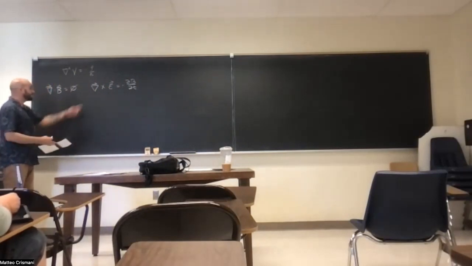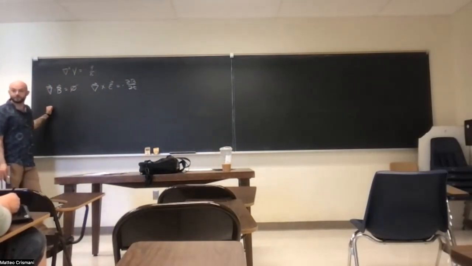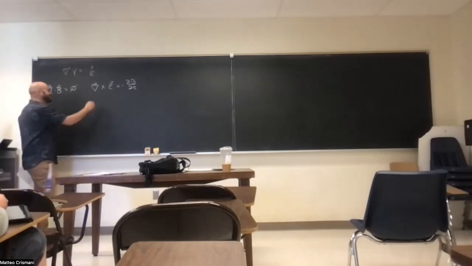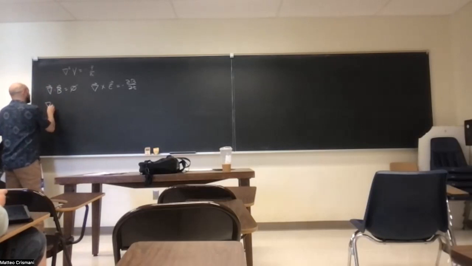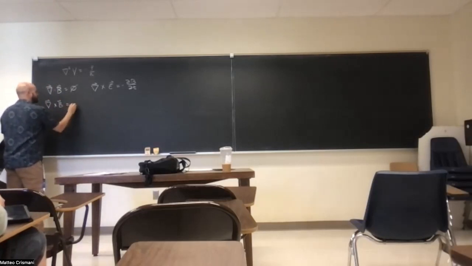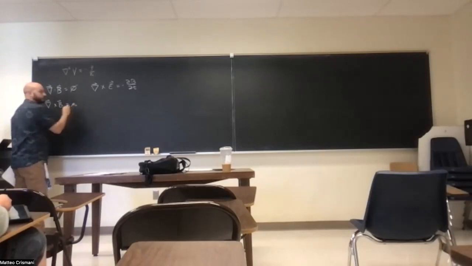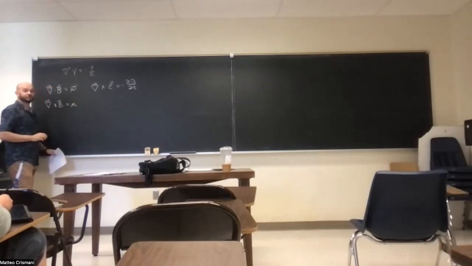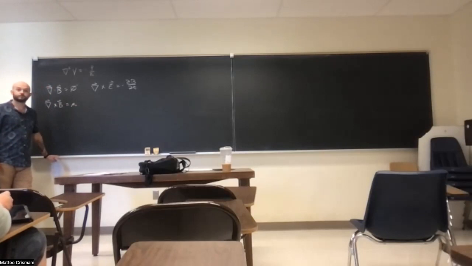Okay, so that's good. You got half of them. Del cross B equals... Oh, you're not sure. We don't have J's because we're thinking about free space. No currents, no charges.